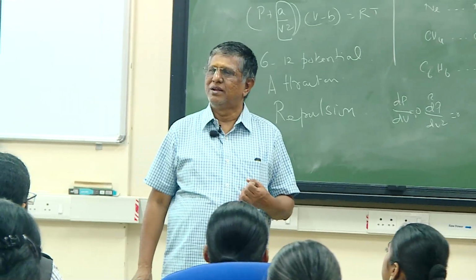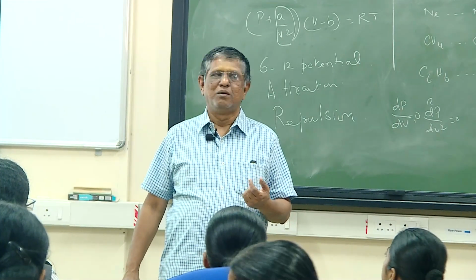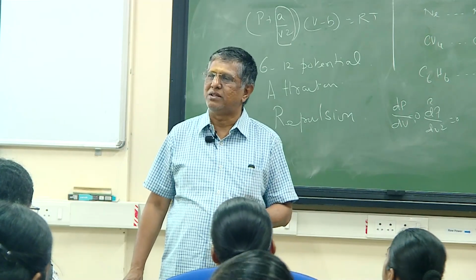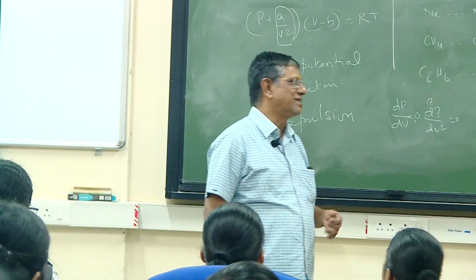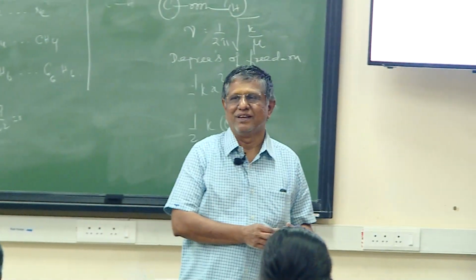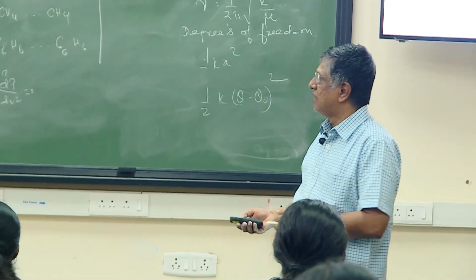Maybe critical constants, PC, VC, TC, RTC by PC VC equal to 8 by 3. Definitely you will be doing this in your physics. If I start doing that, then I will deviate from my thought.